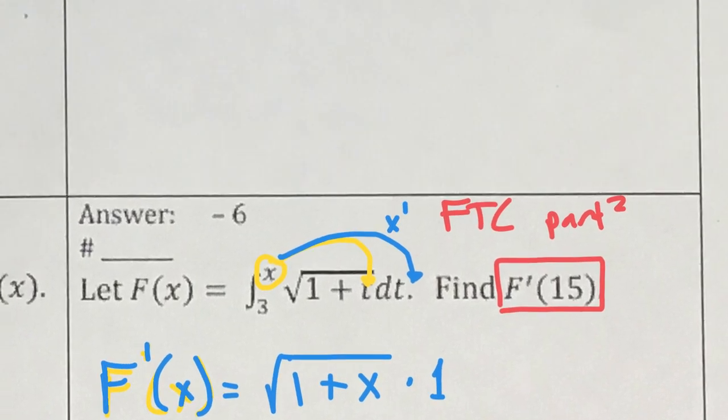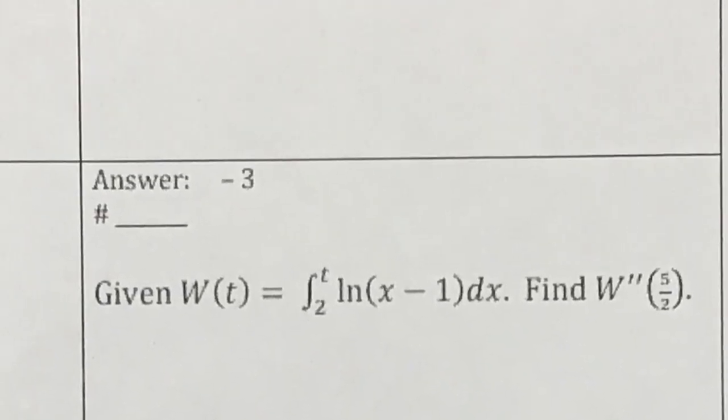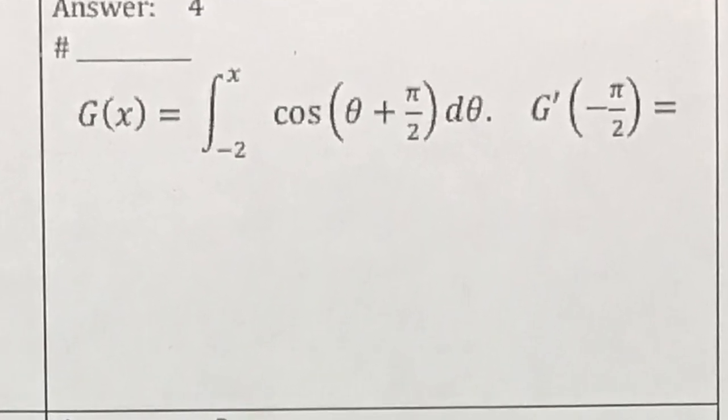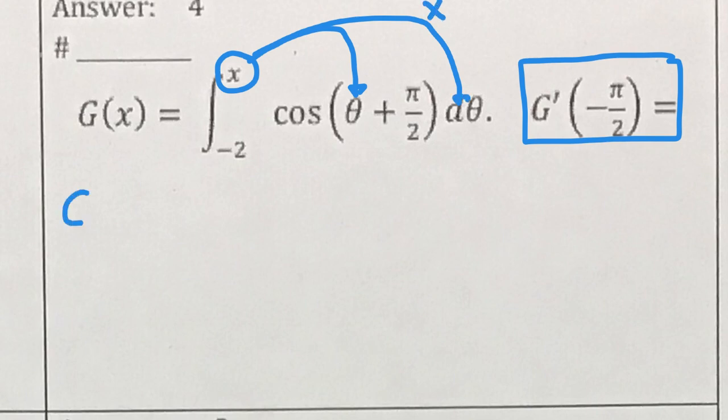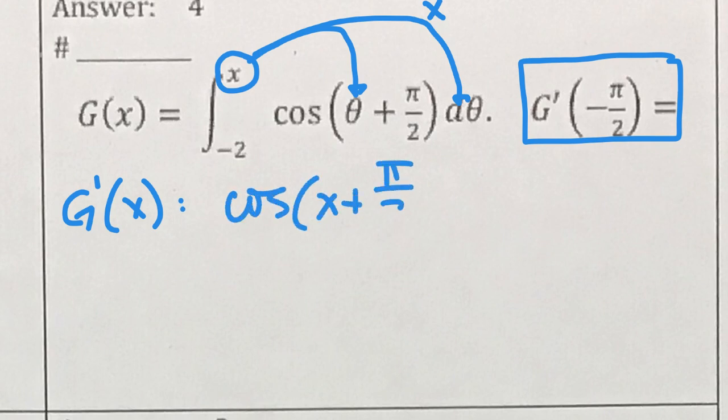Okay, so that one will lead us straight up here to this problem. Once again we're asked to find the derivative of our integral. So we're going to take your variable of integration here and replace theta, and then you're going to multiply it at the end by x prime, which is once again 1. So g prime is the cosine of x plus pi over 2 times 1, the derivative of x.